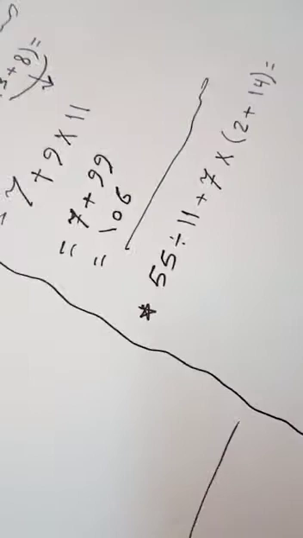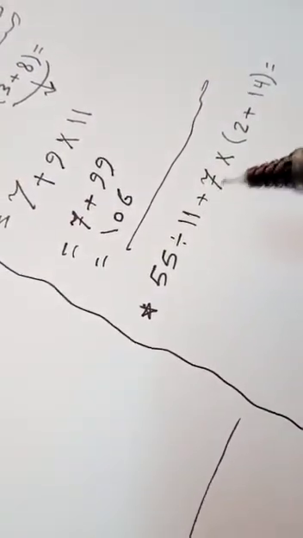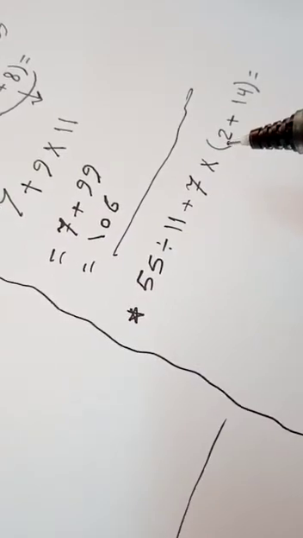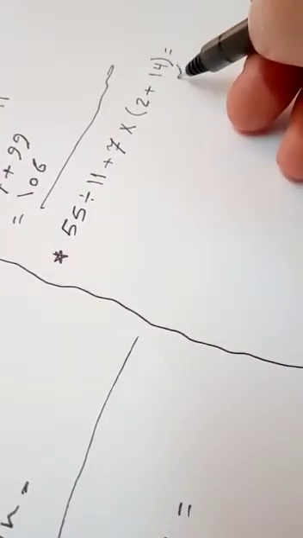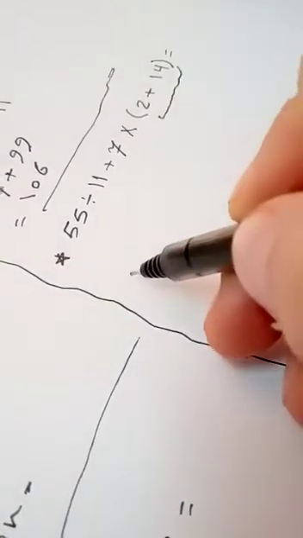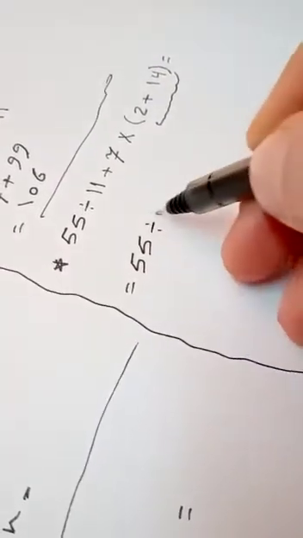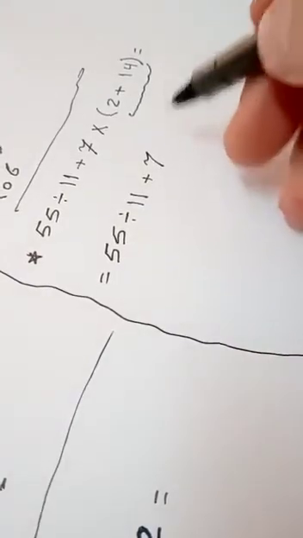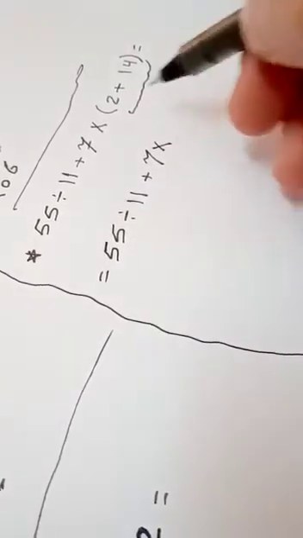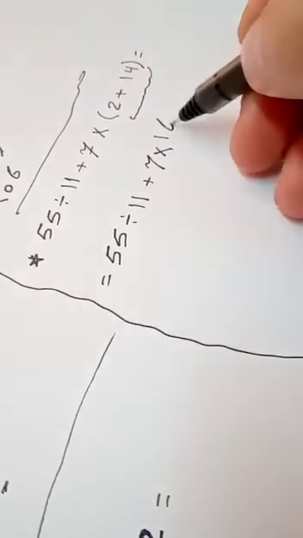In this exercise, we have divide, plus, multiply, and parentheses. The order is for what? For parentheses. So the first step, do the parentheses. So we can write 55 divided by 11 plus 7 multiplied by 2 plus 14, 16.